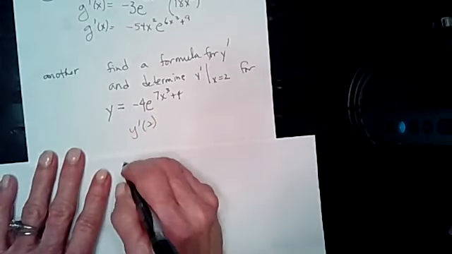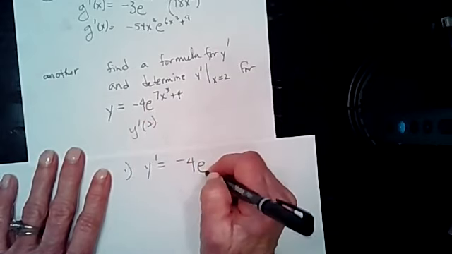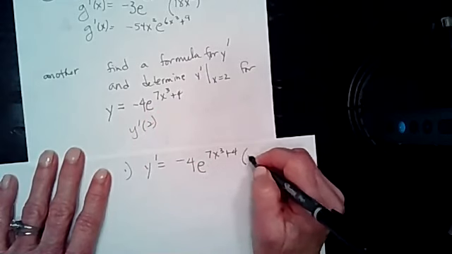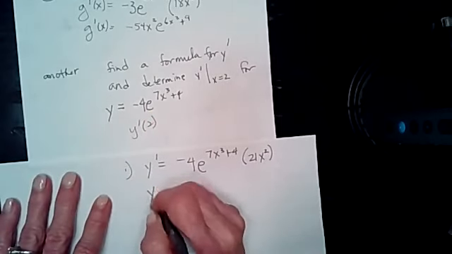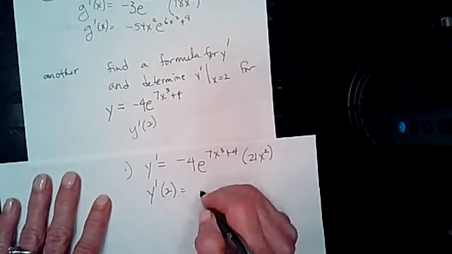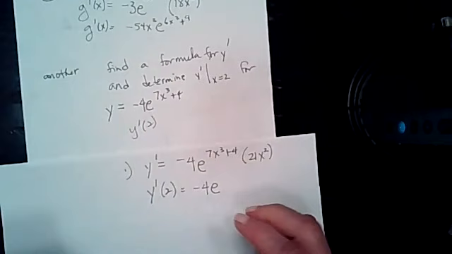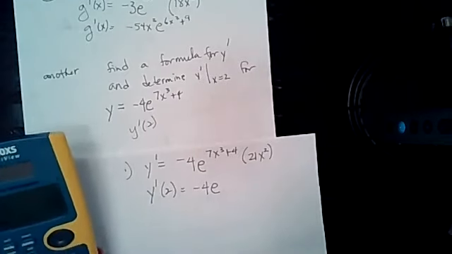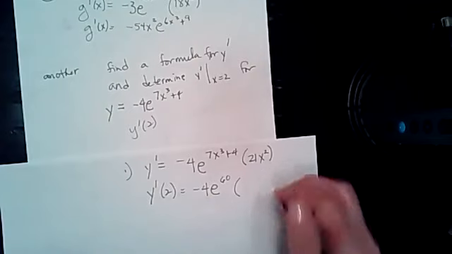Okay, so the first thing we would do is find y prime, which is negative 4e to the 7x cubed plus 4 times 21x squared. That's my derivative. And then y prime at 2 is negative 4e to the, 2 cubed is 8 times 7 is 56 plus 4 is 60, times 21 times 4.